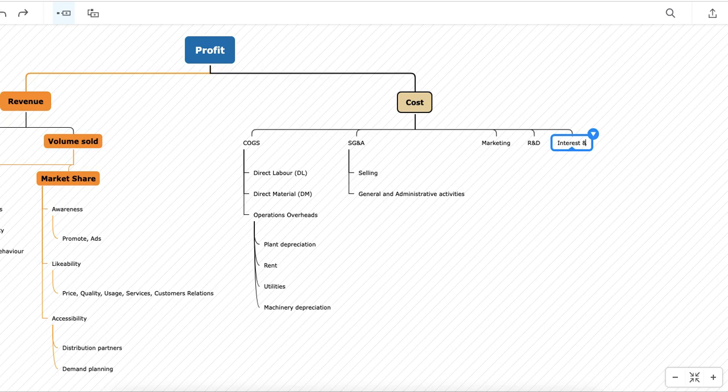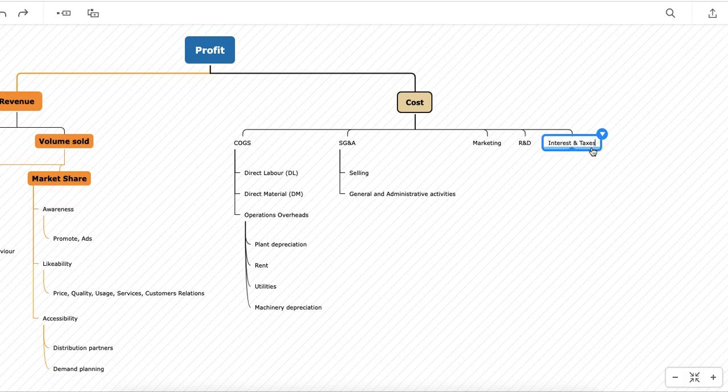And I'm sorry, the facilities-related lease payments that I mentioned will not come here; they will go under COGS and operations overhead, under rents. So apologies for that. And apart from interest, taxes too.